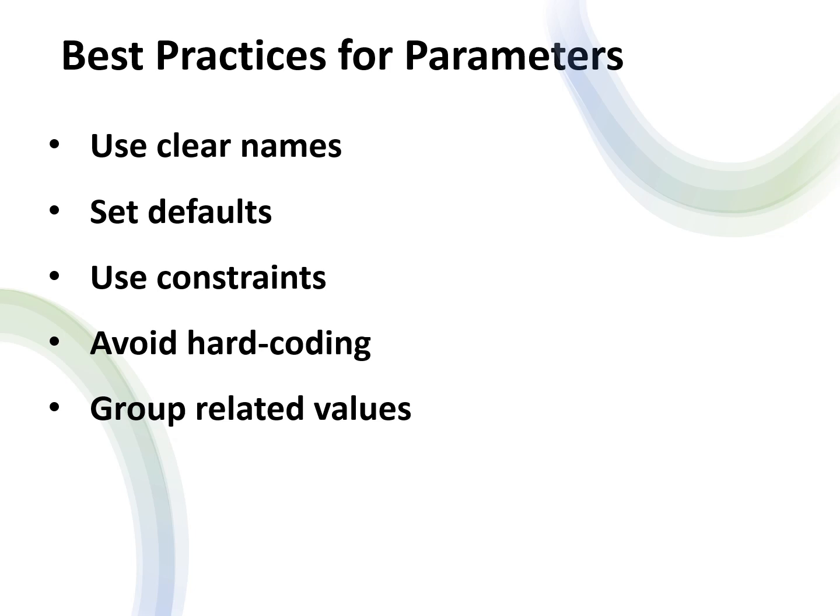Avoid hard coding to keep templates flexible and reusable across different environments. Also, do not write secrets like passwords directly in a file. You can consider using Azure Key Vault to store secrets and make reference to this value, which may be safely fetched from the source, which is the Key Vault. For group related values, use objects to organize parameters.